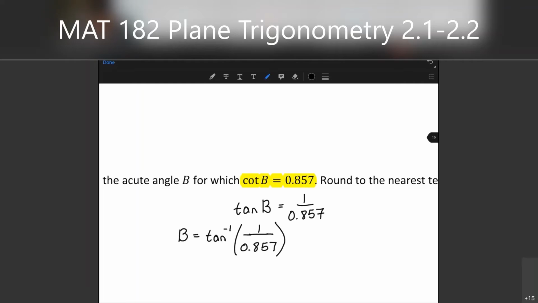So you guys can find what that would be if we do our tangent inverse for that. And I think you guys are getting it, Annabelle and Anya, 49.4 degrees.